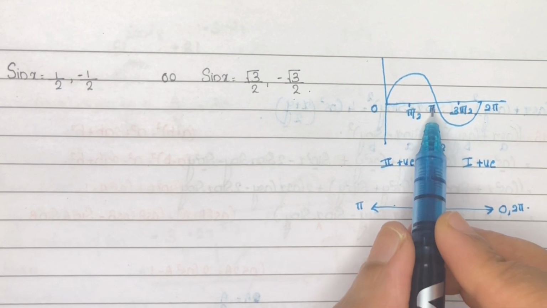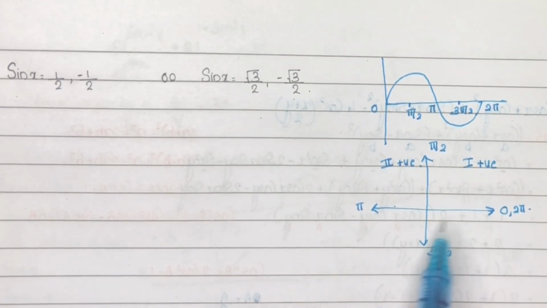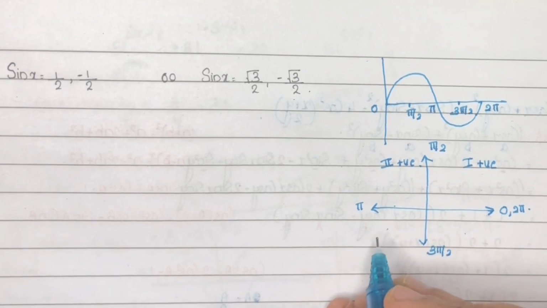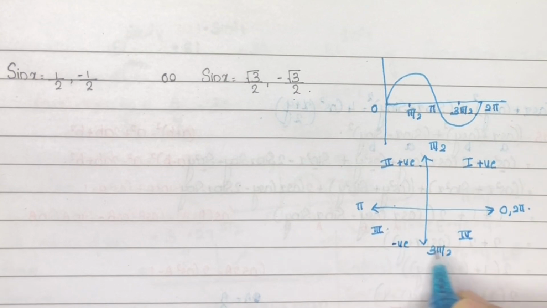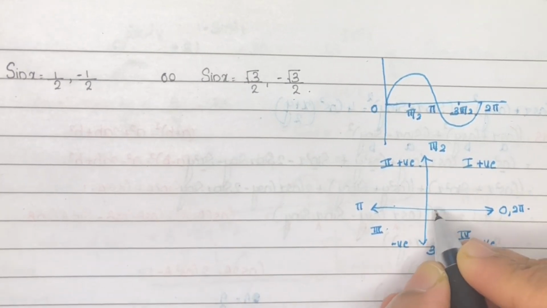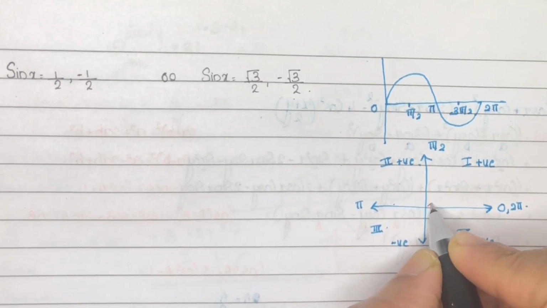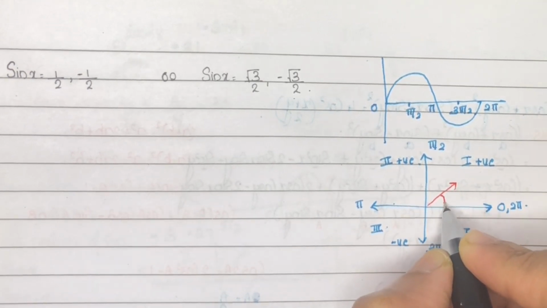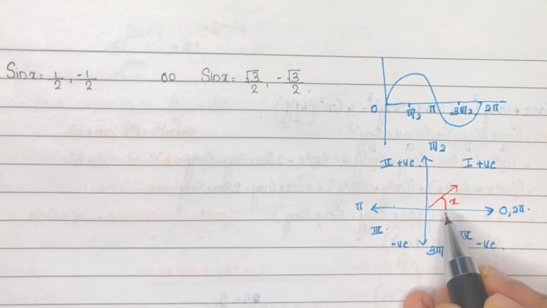And from pi to 2 pi, that is from pi to 2 pi means in third and fourth quadrant, sine is negative. If x is an acute angle, means angle less than 90, so first quadrant, sin x will be positive.